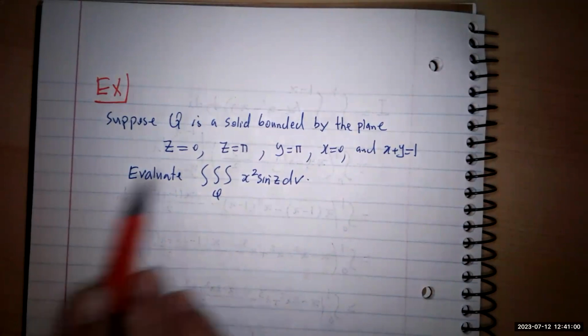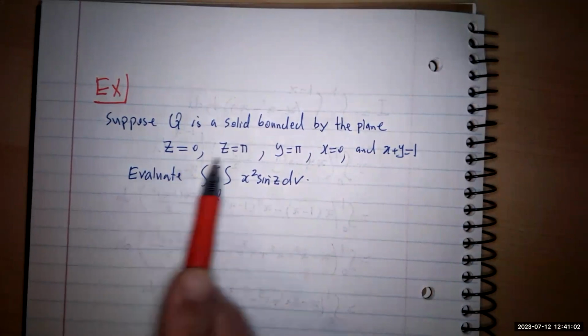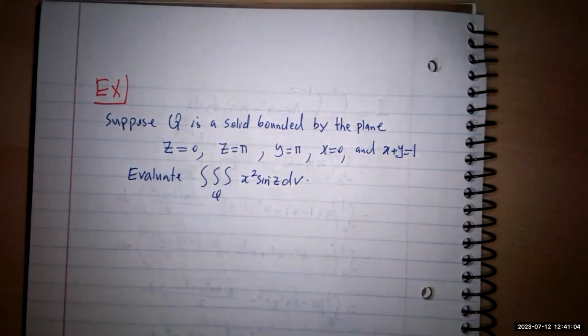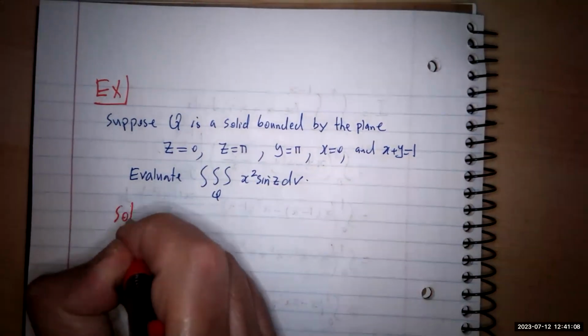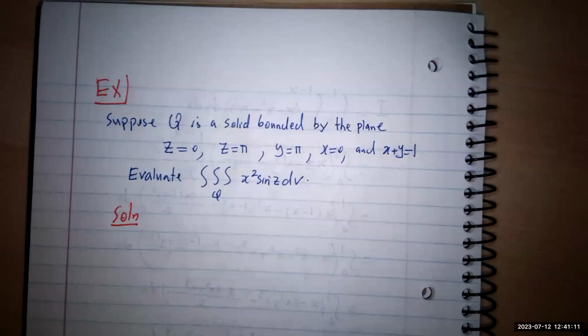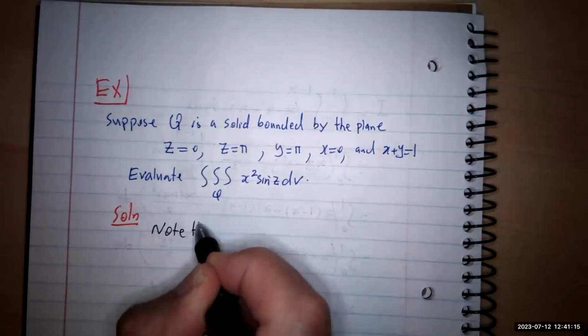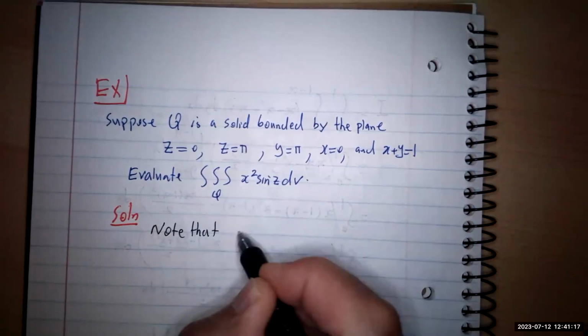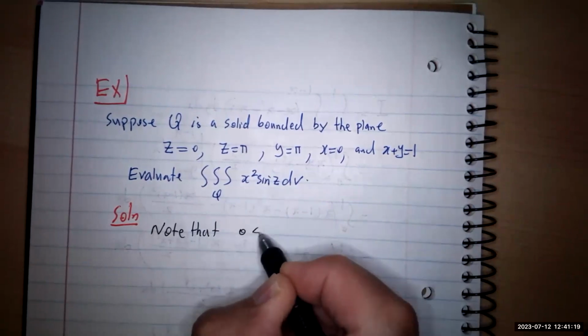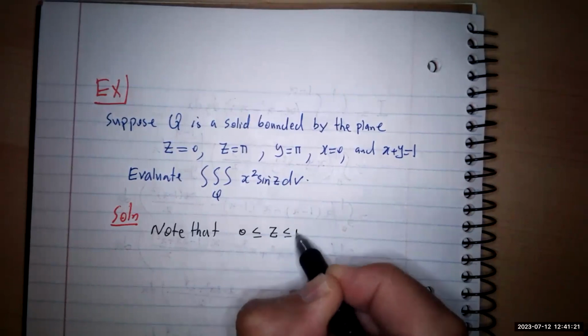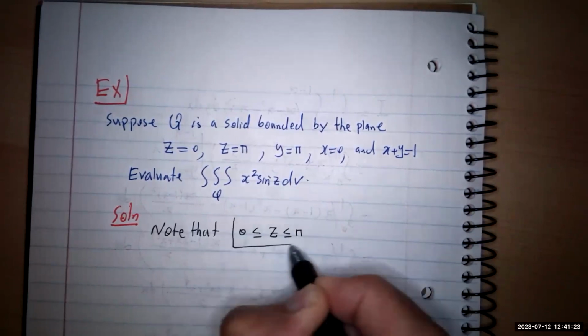So we look for the numbers given for the z, straightforward, z from 0 to pi. That gives you quickly the restriction for the z. Note that I've already got the information for the z. So z is going to be between 0 and pi.